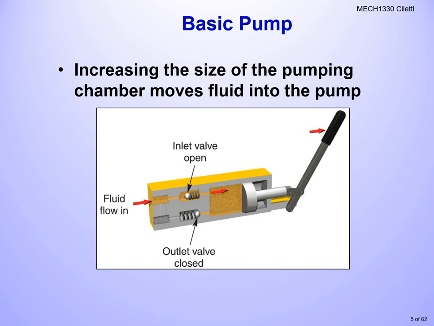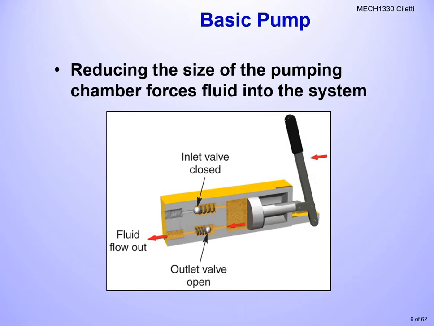The basic breakdown of a pump can be anything from a bicycle pump, which you use by hand, pumping up and down to push air into your bike tire. We increase the size of the chamber, which pulls all the fluid into the pump, and then when we push the handle back down, we move all the fluid out of the pump. We're going to look at the different valves that keep it from escaping or overfilling in some future chapters.